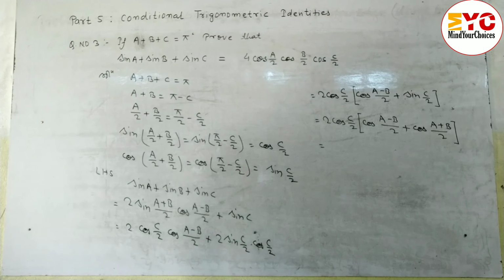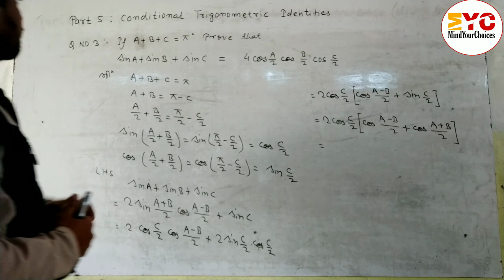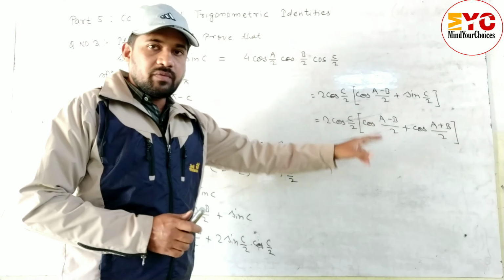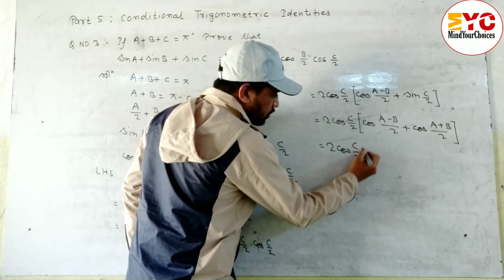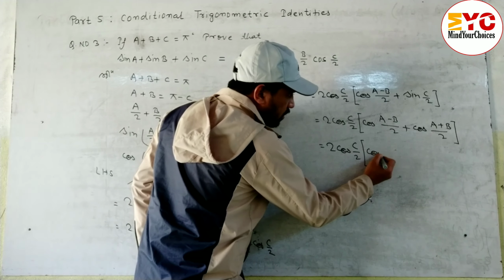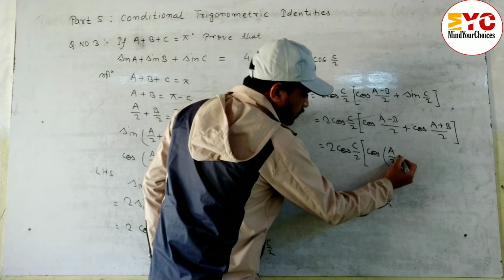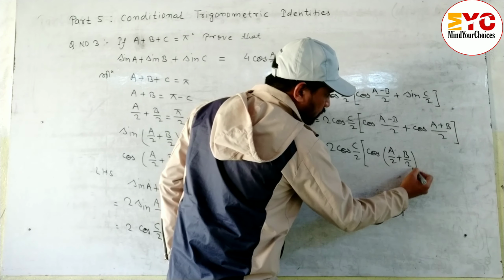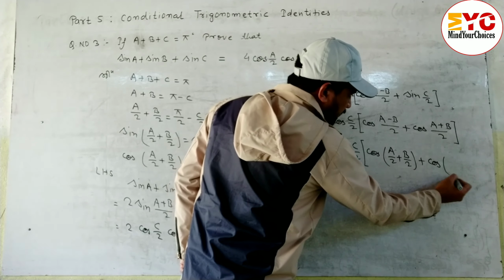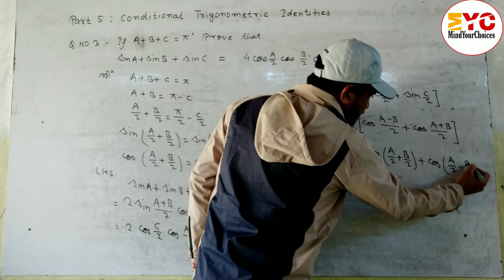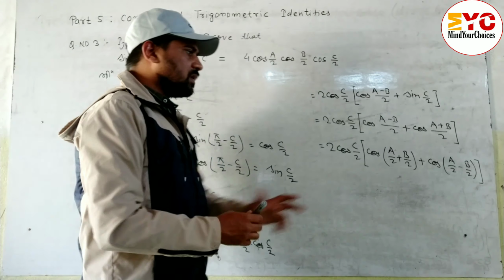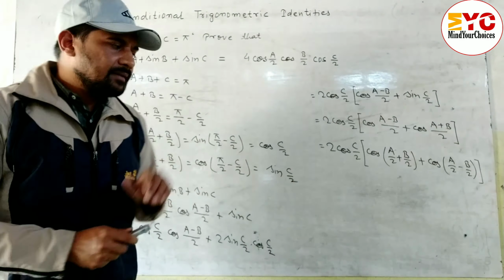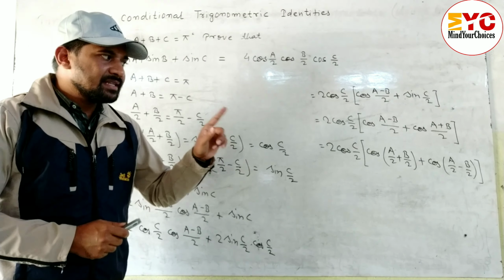Now I will show you one formula. When I started part 4, I gave you one formula. You can see here 2 cos(C/2) times [cos((A+B)/2) + cos((A−B)/2)]. Looking at this, you remember one formula: cos(A+B) + cos(A−B).